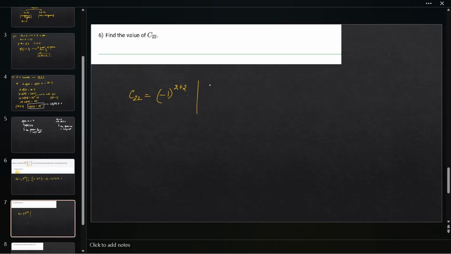And I'll just take the determinant of the matrix 3, 3, 2, 1. And this will give me minus 1 to the power 4 is plus 1, and it is 3 times 1, that is 3, minus 3 times 2, which is 6, which is equal to minus 3. So here the value of C22 is minus 3.